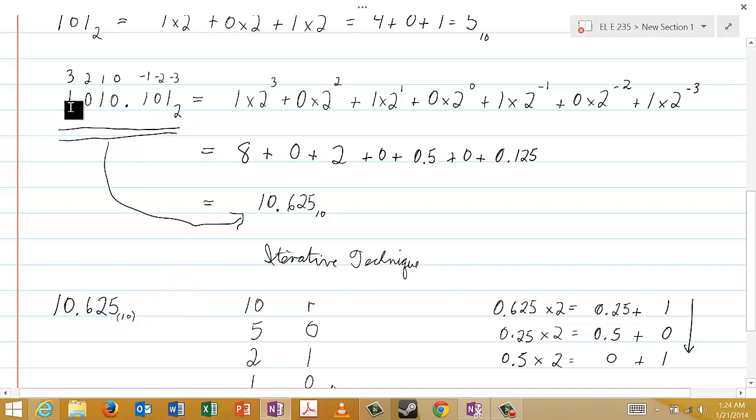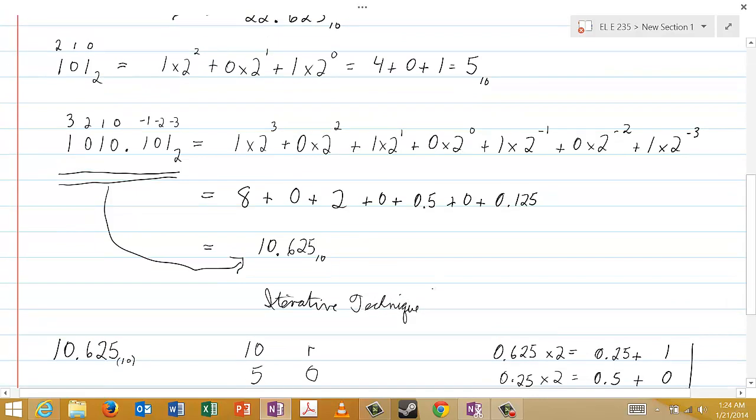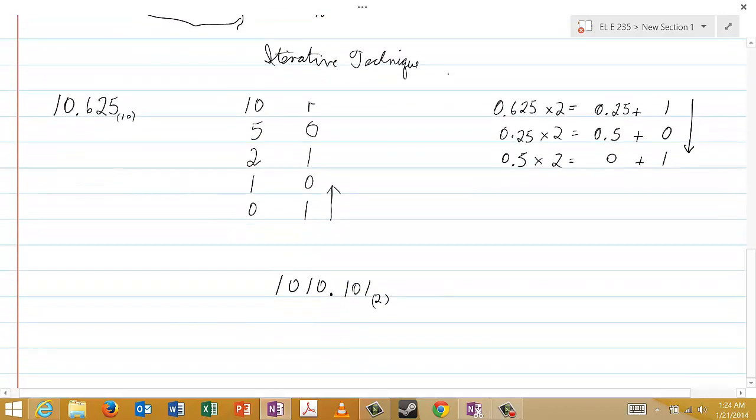Now, of course, since we just did this problem, we know the answer is 1010.101 base 2. We know that, but let's see how we could arrive at this answer if we didn't know it already. Well, the way that we're going to do this is called an iterative technique, an iterative technique for converting from base 10 to base 2.